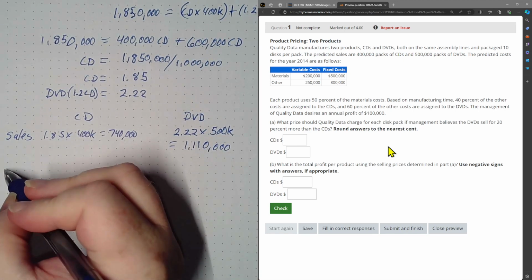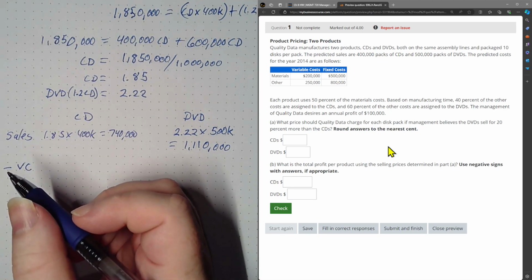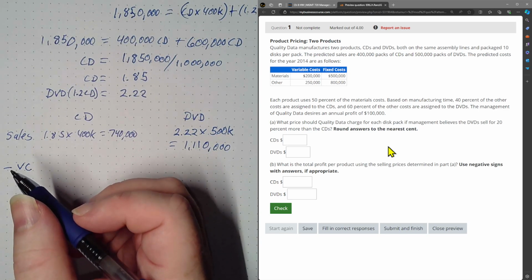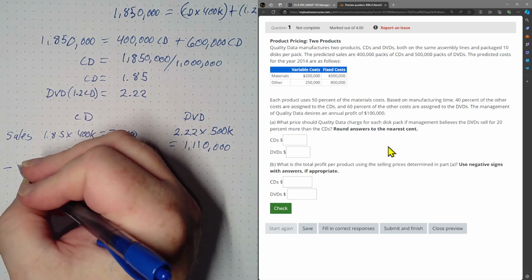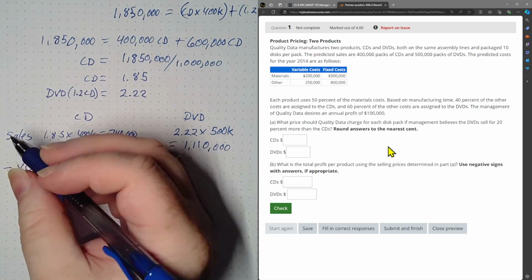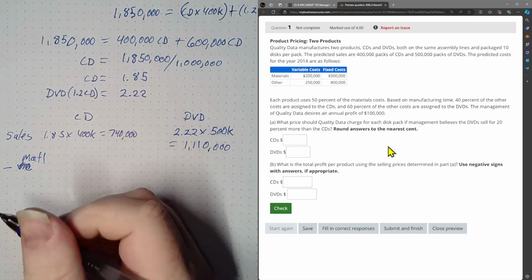Okay, now if we take out variable costs, let's do material costs.